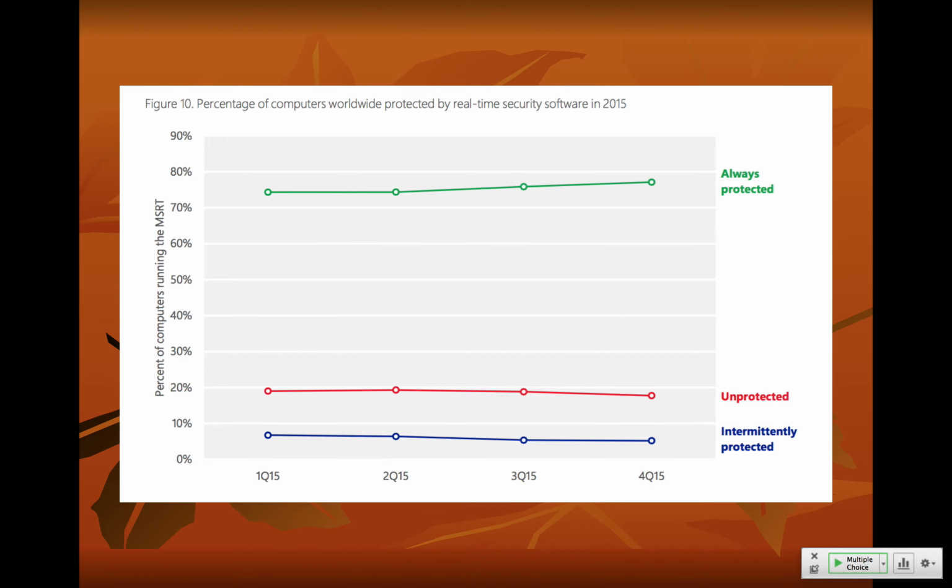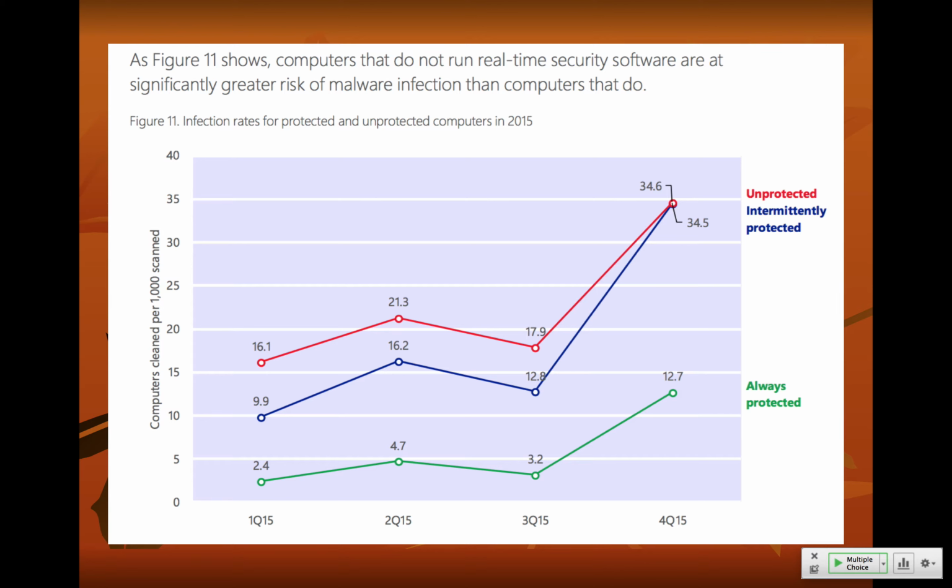People who always have security software like antivirus running is now up to like 80%. And the ones who are protected have less infections. There are 10 infections per 1,000, and it's supposedly 30 per 1,000 for people who don't run antivirus at all. That's why antivirus is still recommended as lowering the risk somewhat. Not to zero, but by a considerable amount.